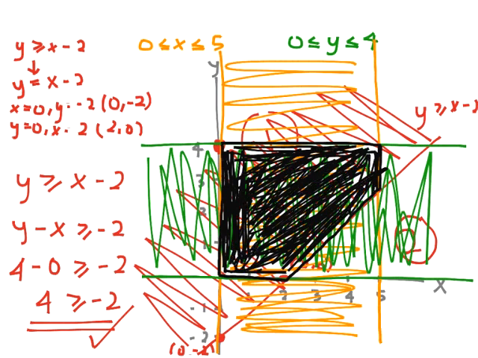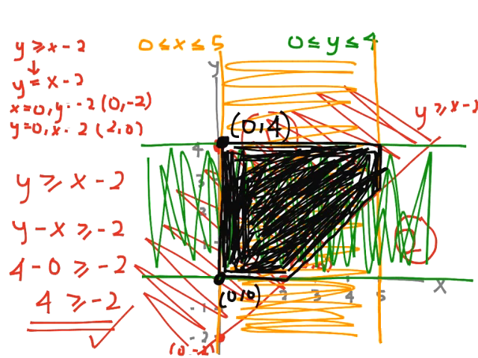If you can see the corner points for this black shaded area, the first point is here, which is given as (0, 4). Then the second corner point is here, which is (0, 0).